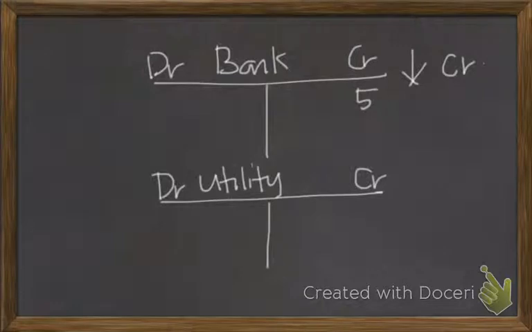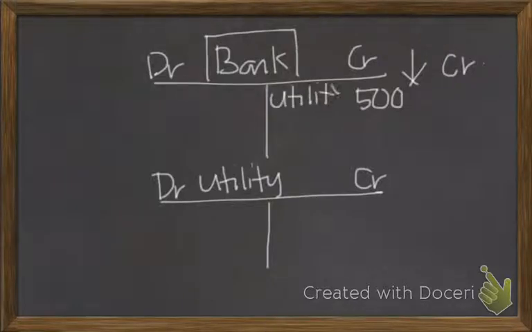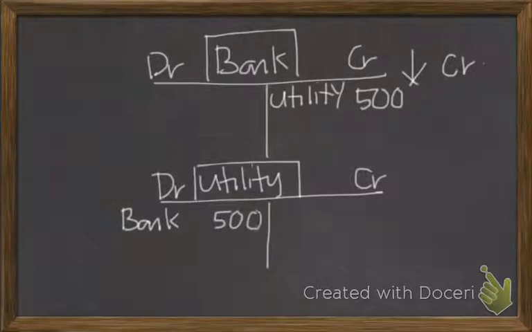So 500 is the reduction of the bank account due to payment of utility, and the utility account, which is the expenses account, is incurred when we pay using our business bank account. So now it is very simple to show how to record expenses in the T account.